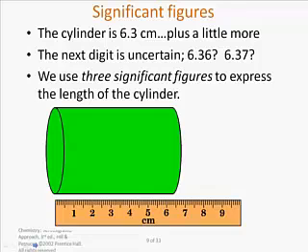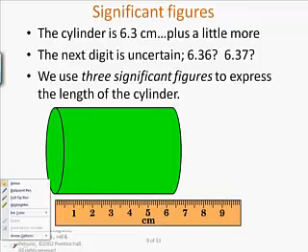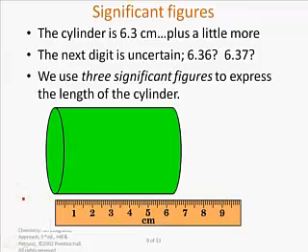And so looking at this to measure it, we can see that it's definitely longer than 6 centimeters. So we know one of our known digits is the ones place. And then we also know that in the tenths place we have 1, 2, 3.